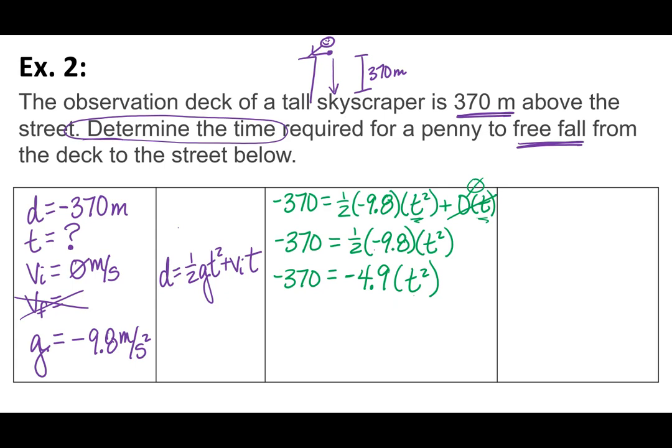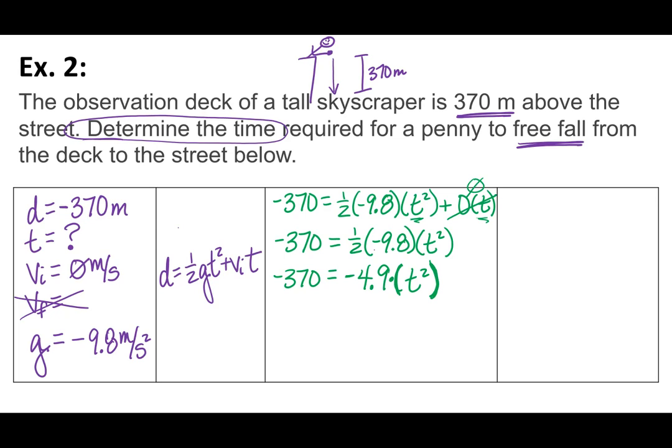All right, now we need to get t squared by itself. We need to get rid of this negative 4.9. Notice there's parentheses around this t squared. This means multiplication. And so it's negative 4.9 times t squared.